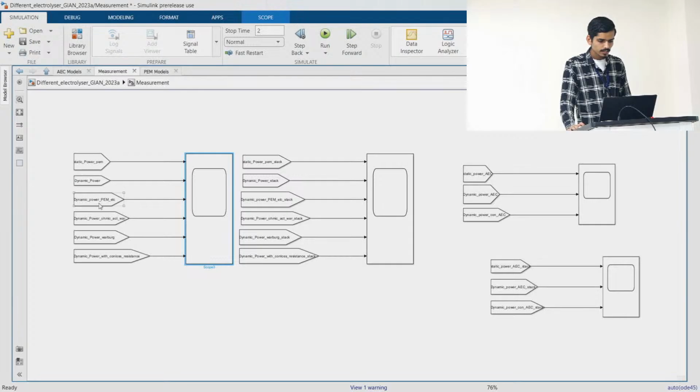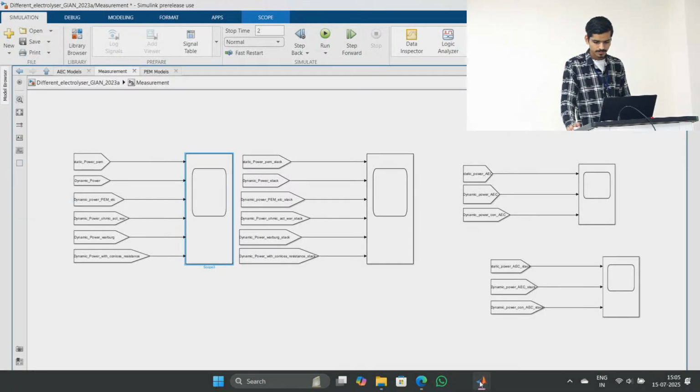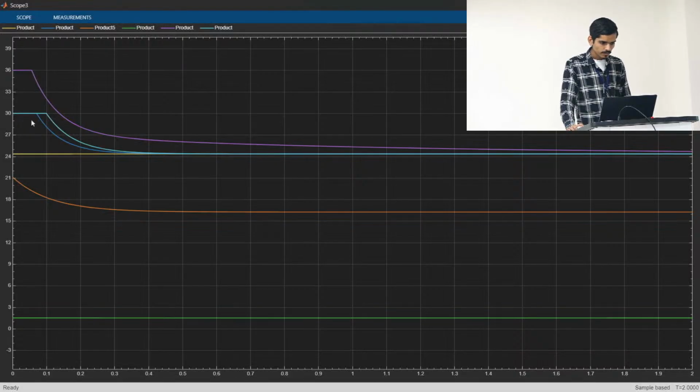And next is the dynamic power in the PEM electrical model, the third case, which is shown by this orange curve. This has some drop because this is the electrochemical model. We are trying to model this after the IIT session. So next is this violet curve.